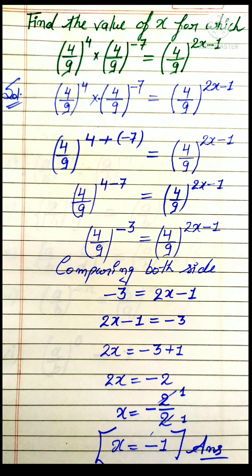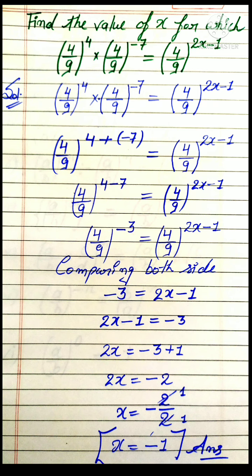Now listen students, don't make the mistake of removing the negative power, because this is how we solve these types of questions: we make the same base on both sides.